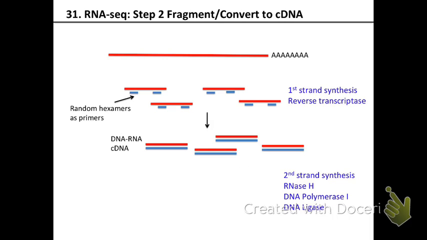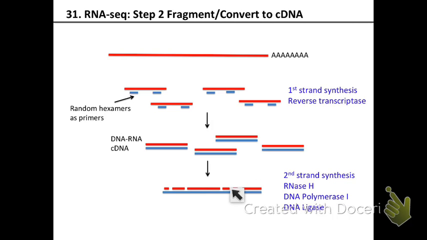How do we do that? We do that with a cocktail of enzymes that do different things. These contain RNase H, DNA polymerase 1, and DNA ligase. When you have this RNA-DNA duplex, RNase H goes into the RNA and creates nicks. It randomly chops up little pieces of the RNA.